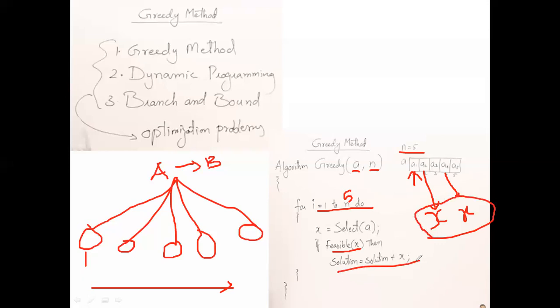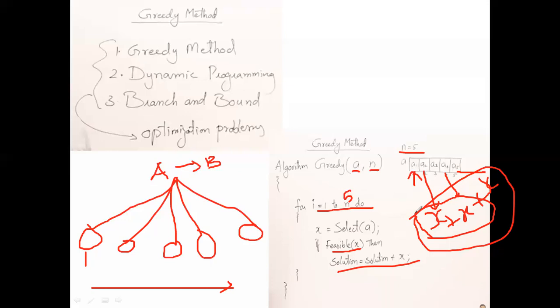So the solution is added with all the feasible solutions. Suppose A5 is also a feasible solution. Finally we add all of them, and we can get the optimal solution. That is how the greedy algorithm works.